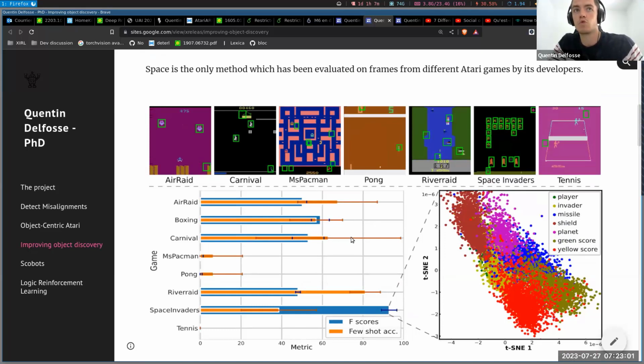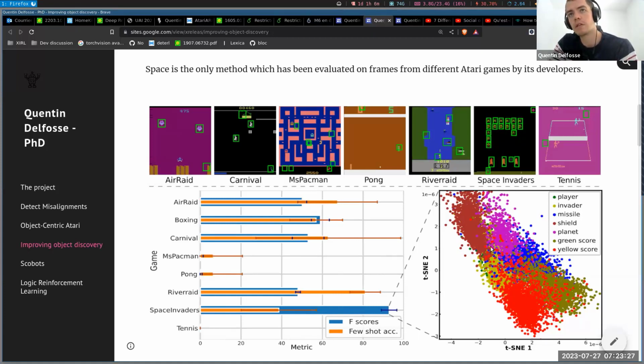And when I tested, it was really bad. You can see here the F-score is 60%, which is not good enough to play a game. If you detect only 60% of the objects, it's not going to be enough for you to have a successful policy. The only game that we could tackle using SPACE was Space Invaders, which had a reasonable object detection score.